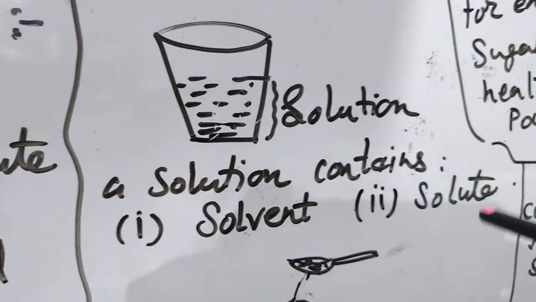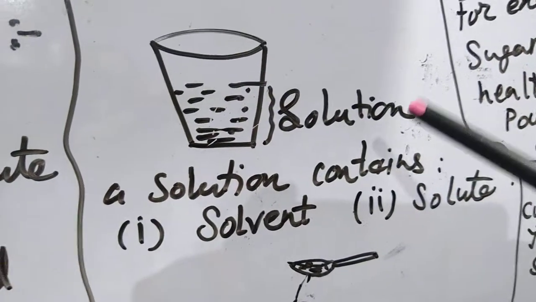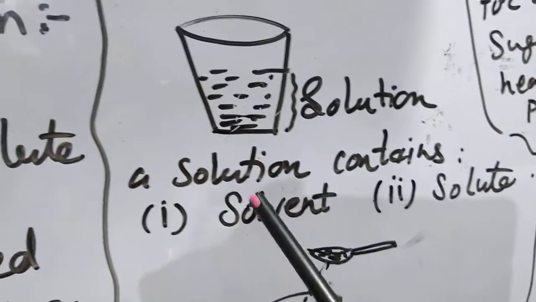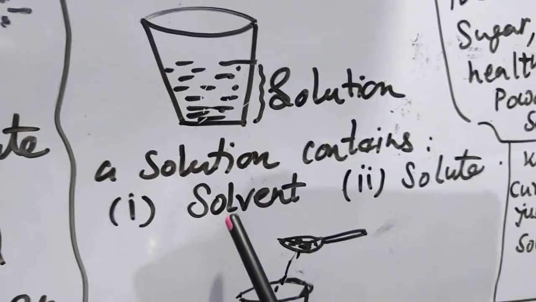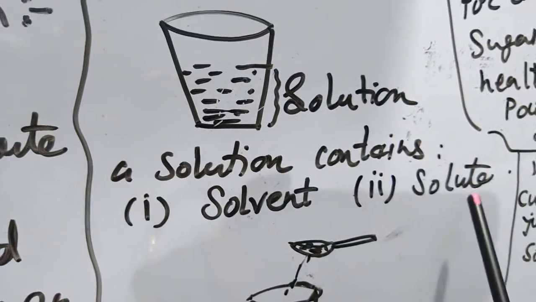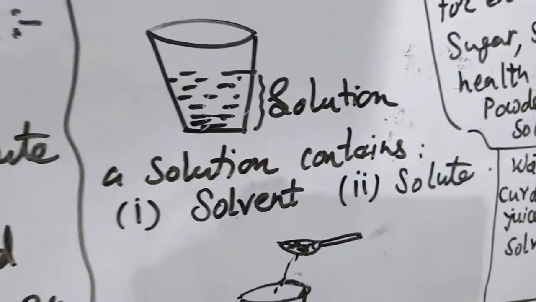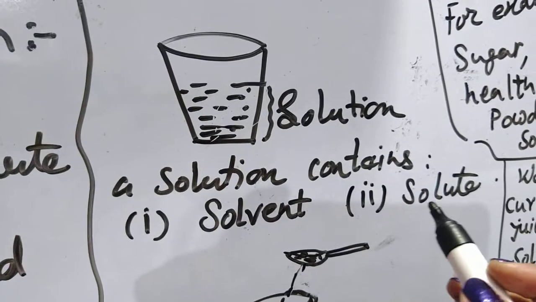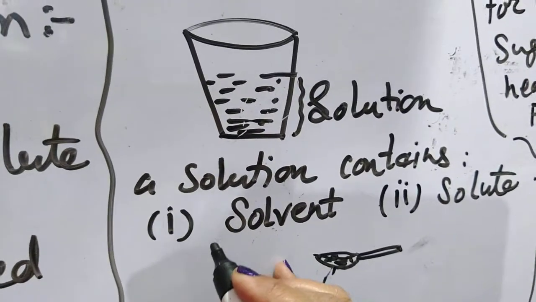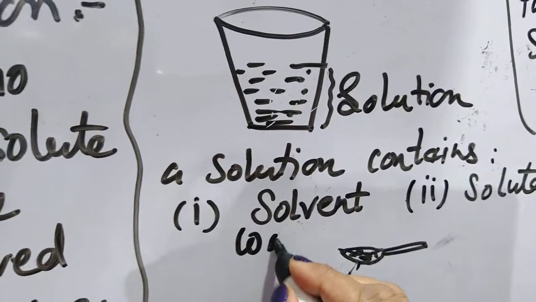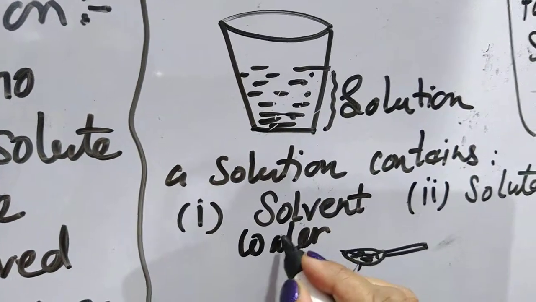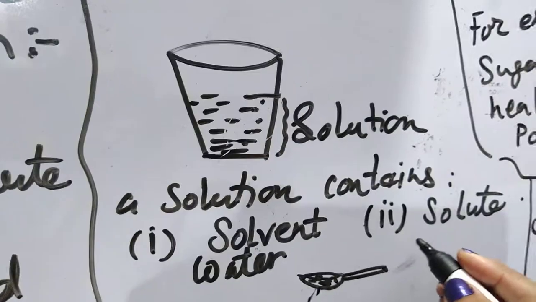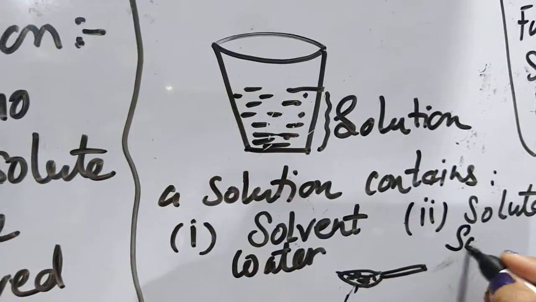Now your question will be, what is solute? Let me explain. This is a solution. A solution mainly contains two components, solvent and solute. The material which dissolves the solute in it is known as solvent. For example, here the solvent is water because this is salt water, and the solute is salt.